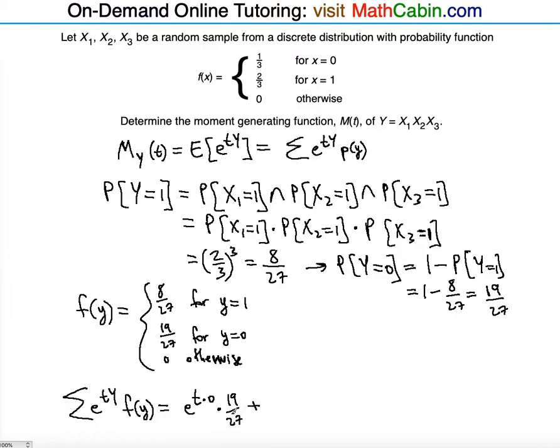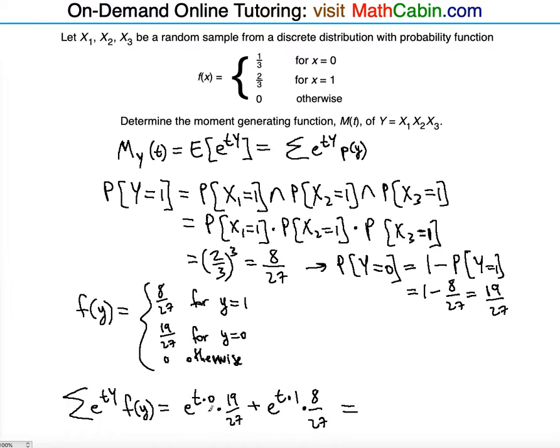Now we add, because that's what the summation suggests, another product for the case when y is equal to 1: e to the t times 1, multiplied by the probability of that happening, which is 8/27. There are only two cases.